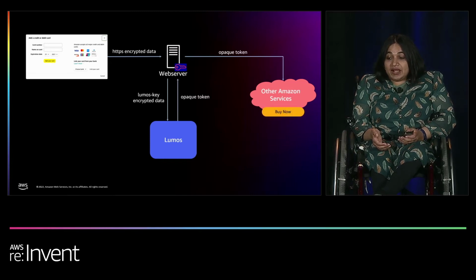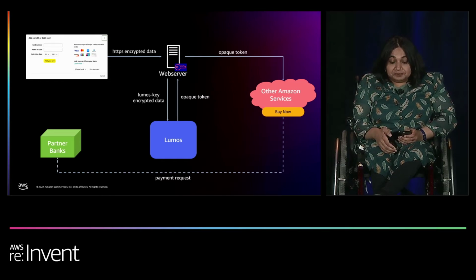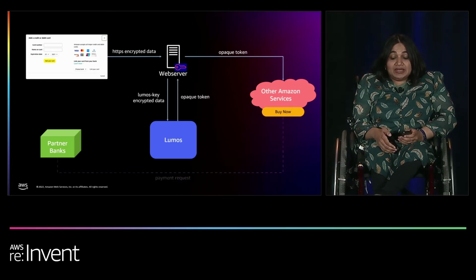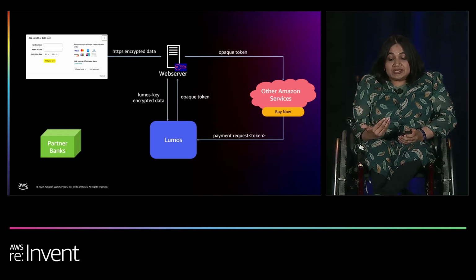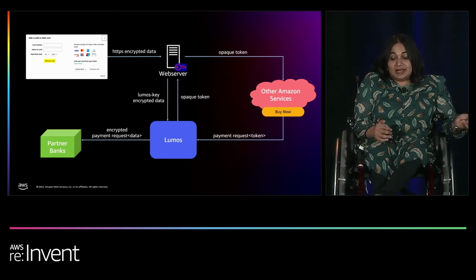But now what happens if they click buy now? Here, they have to send a payment request to a partner bank. So a payment request token is generated and sent to Lumos, which then encrypts this payment request token with the data and sends it to the partner banks.